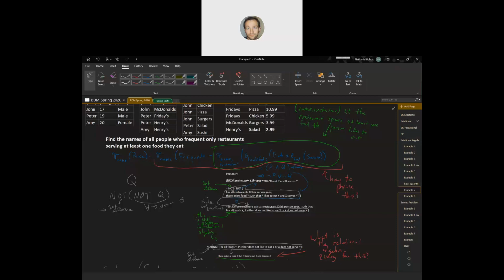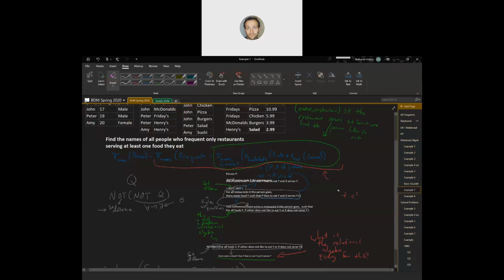People that frequent restaurants that do not serve at least one food they like. That's closer. That's much better. It's closer. I'll write it.